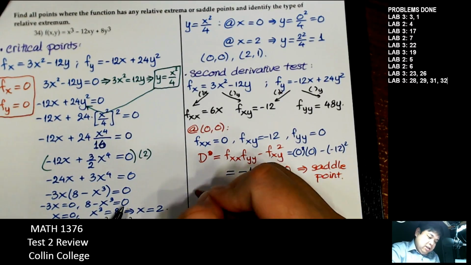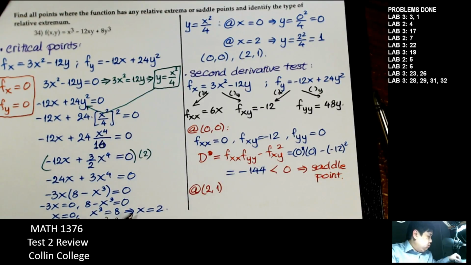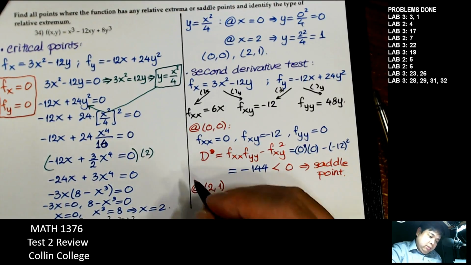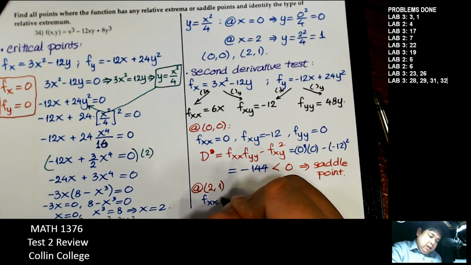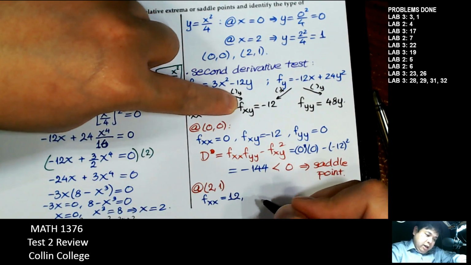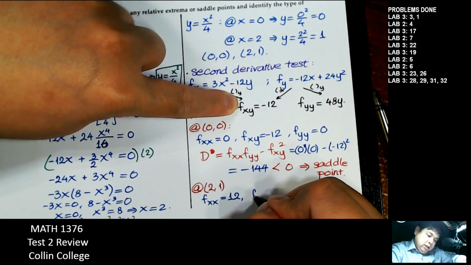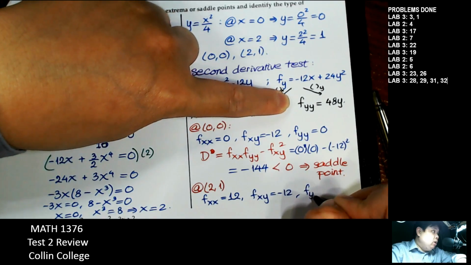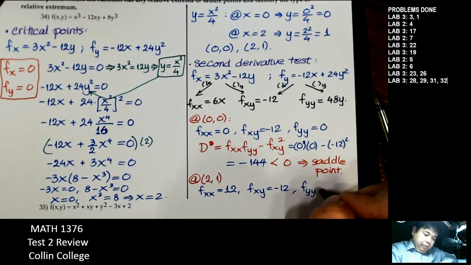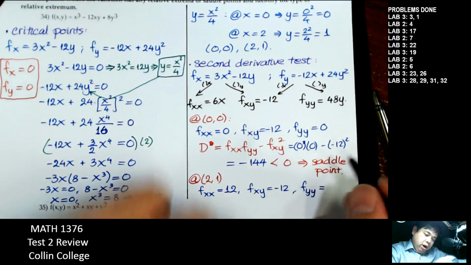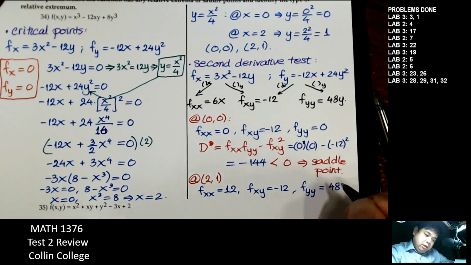And then we test the point (2, 1). Fxx: if you put 2 in for x, we have 12. Fxy is still negative 12. Fyy: put 1 in for y is 48.